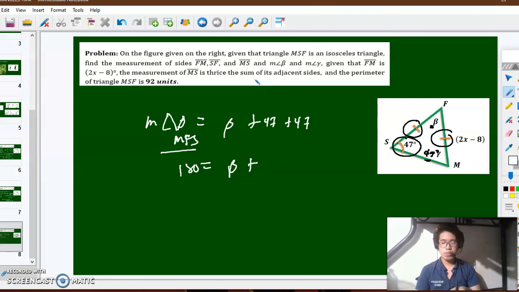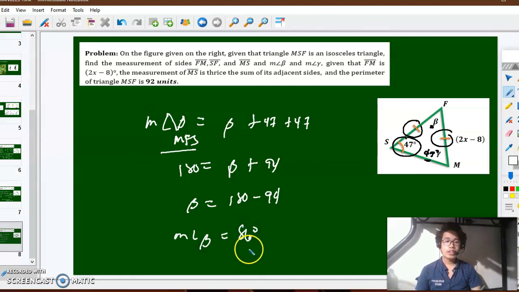What's 47 plus 47? That's simply 94. To get angle beta, we subtract 94 from 180. So 180 minus 94, and you get that angle beta is actually 86 degrees.